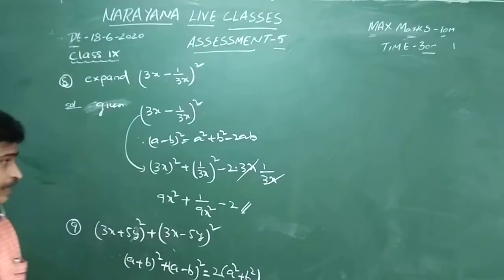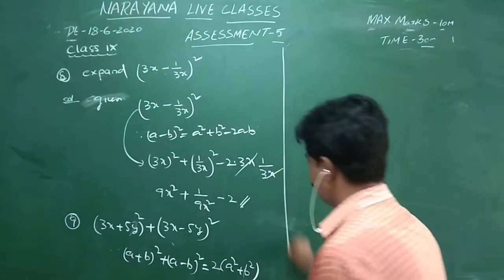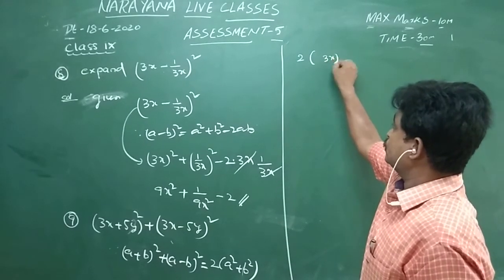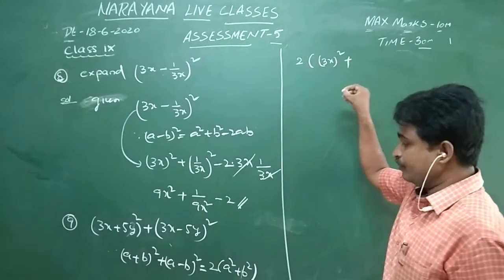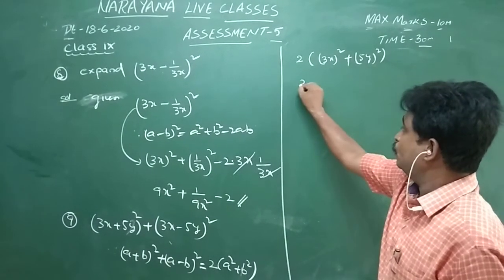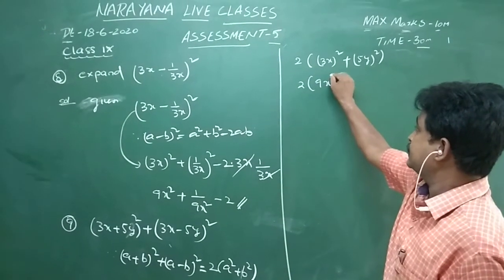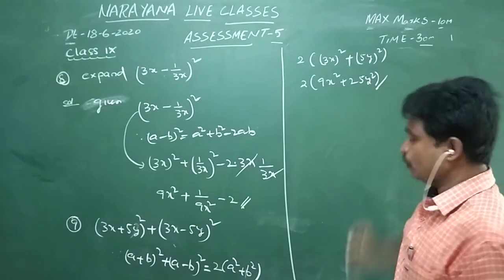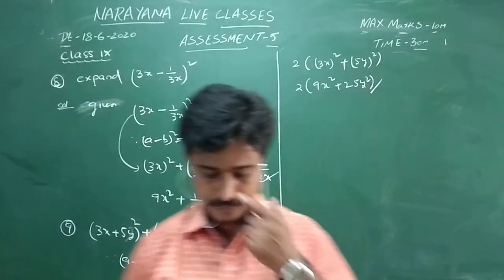Just apply the formula here. A square means 3x whole square, b square means 5y whole square. Expanding this, 2 into 9x square plus 25y square. This is the problem, an easy problem.